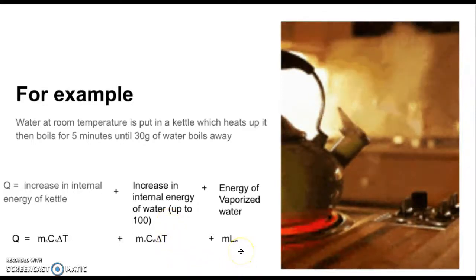And then we have the energy of the vaporized water. So that would be the mass of the water that's changed into a gas times the latent heat of vaporization. Now this is the most complex situation you could pretty much come up with.